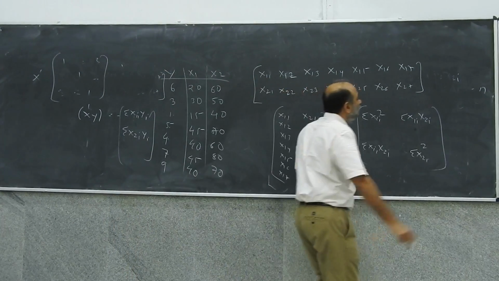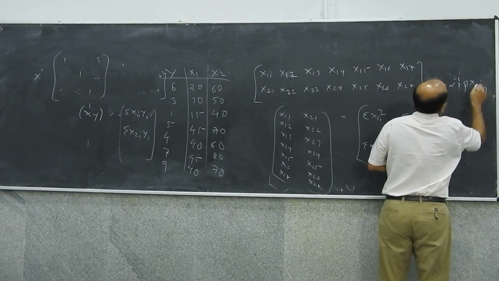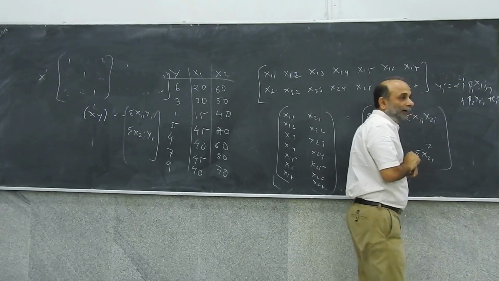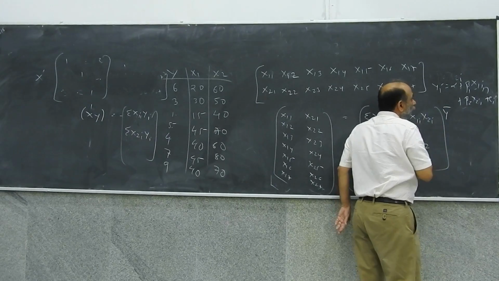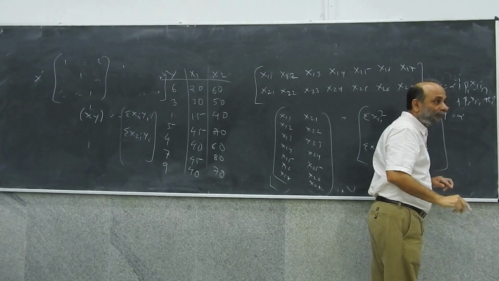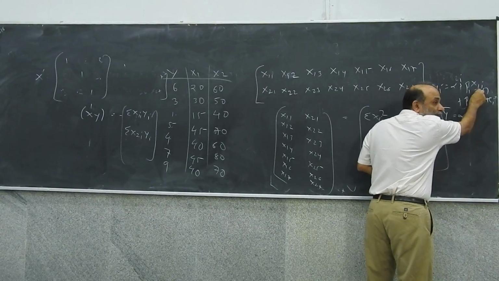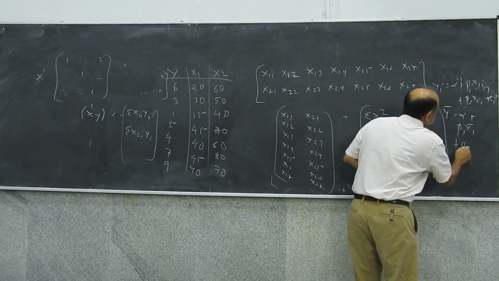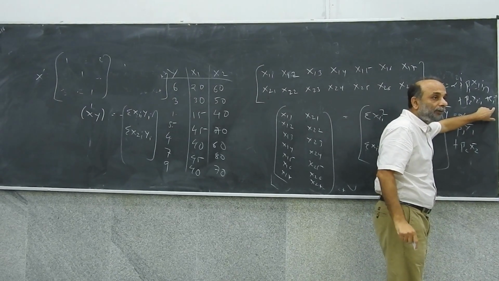Because if I don't put an alpha, I have a model yi equal to alpha plus beta1 x1i plus beta2 x2i plus ei. If I average out on this side, it will be y bar. The average of alpha will be alpha, plus beta1 times x1 bar, plus beta2 times x2 bar, and the average of e will be 0.